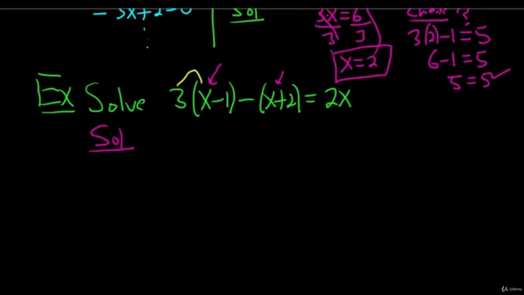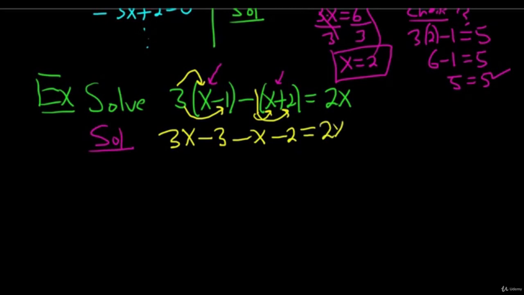So 3 times x is 3x, and then 3 times negative 1 is negative 3. Now here there is a minus 1, okay, and so we have to distribute the negative 1. So negative 1 times x is negative x, and negative 1 times 2 is negative 2. And that's all equal to 2x.